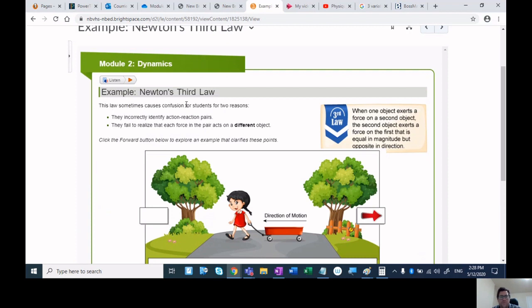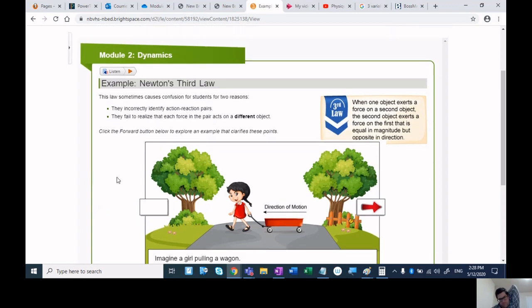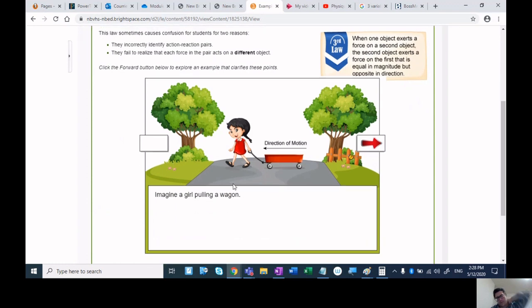This law sometimes causes confusion for two reasons: people incorrectly identify the action-reaction pair, and fail to realize that each force in the pair acts on a different object. Imagine a girl pulling a wagon.